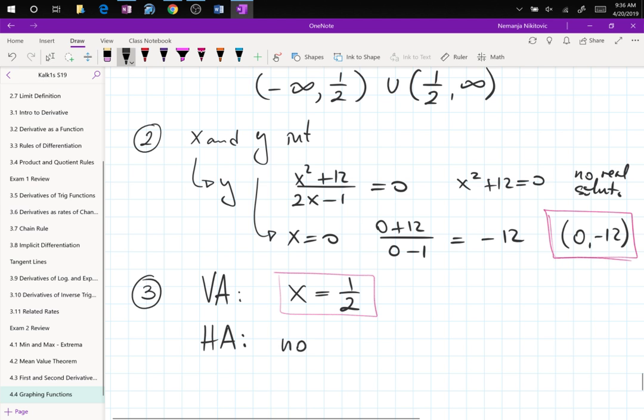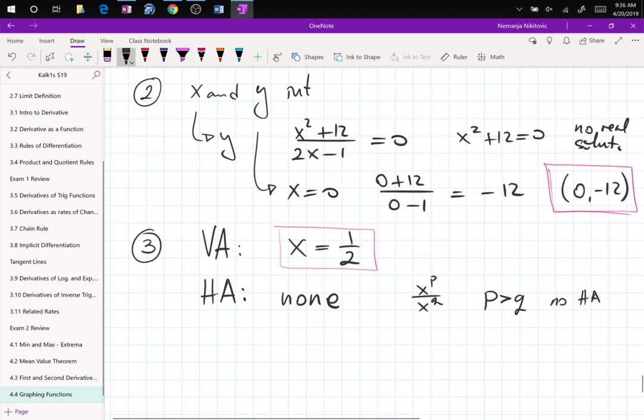So we don't have any. In this case, the numerator has the higher exponent: x to the p over x to the q, p larger than q. No. This is something that you have from your pre-calc, or you can go take the limit and you will see. Slant asymptote.